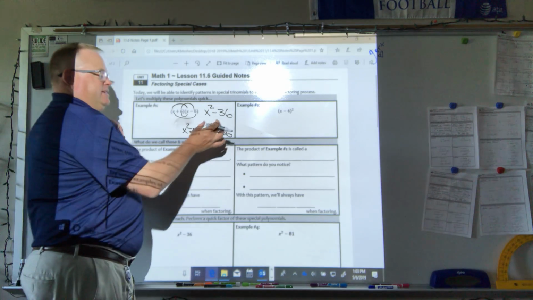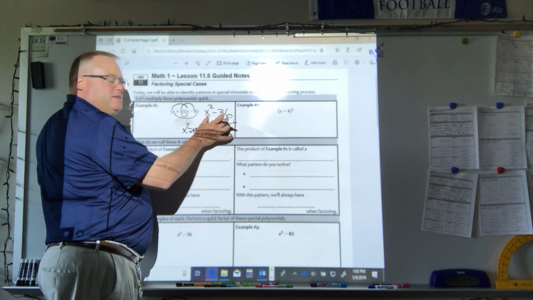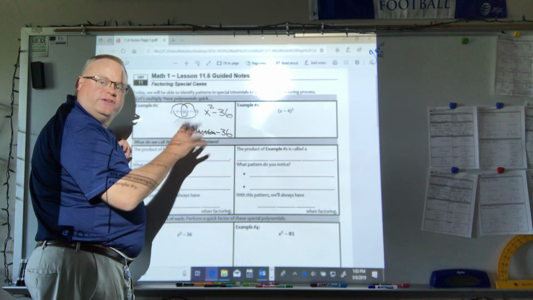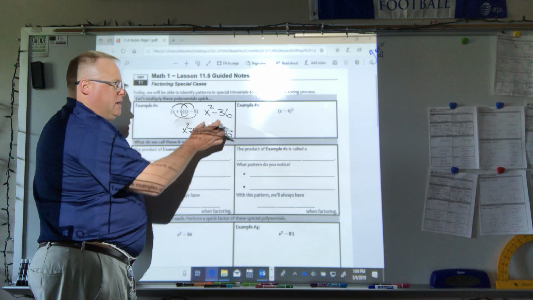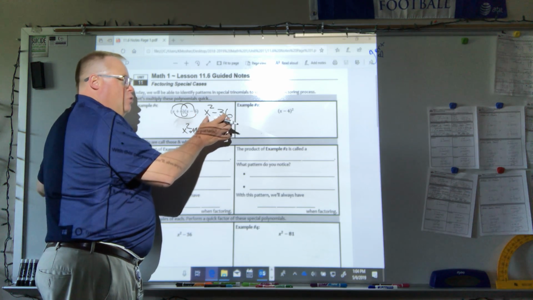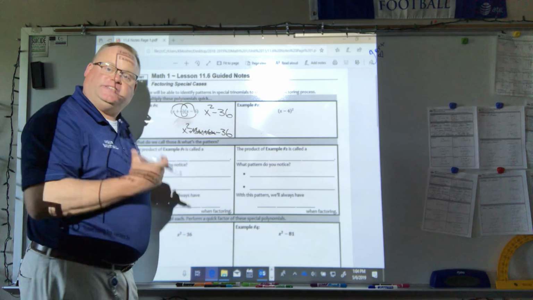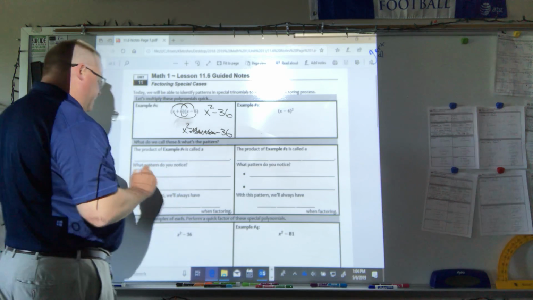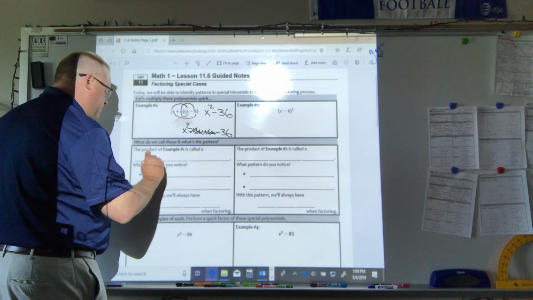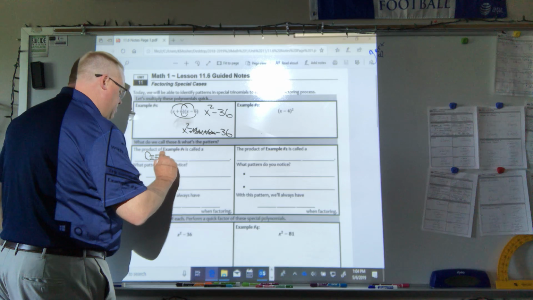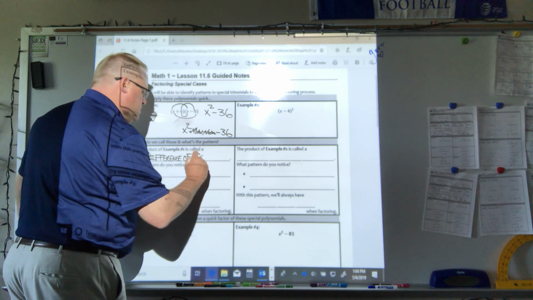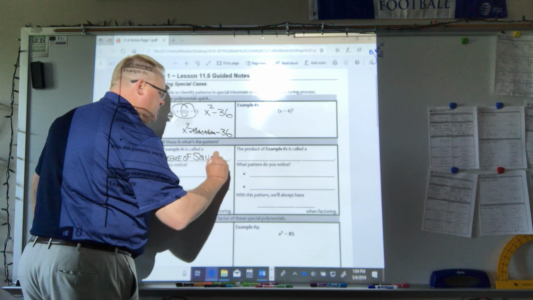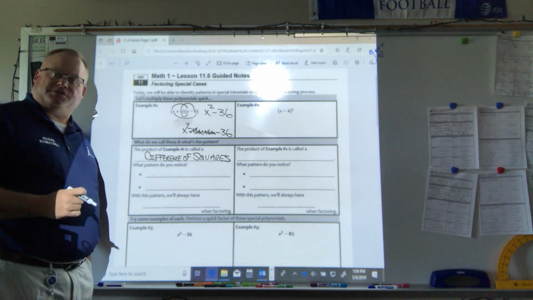Well, when I notice this, I'm down to two terms and not my typical three terms, not my typical quadratic trinomial. Well, this thing right here has a special name. It's called a difference of squares.